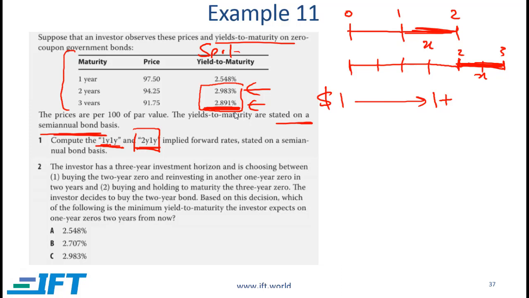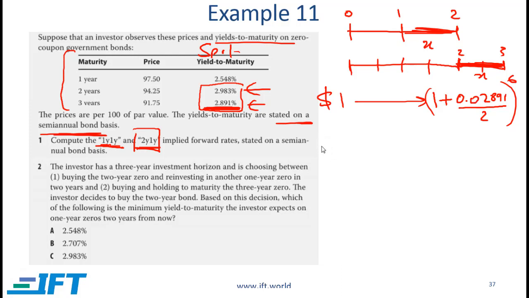You have to use the decimal. So you take the decimal number 0.02891 divided by 2, and this has to be raised to the power of 6. Why? Because you have 6 semi-annual periods. This is how much $1 will become at the end of 3 years, which is the same as 6 periods.